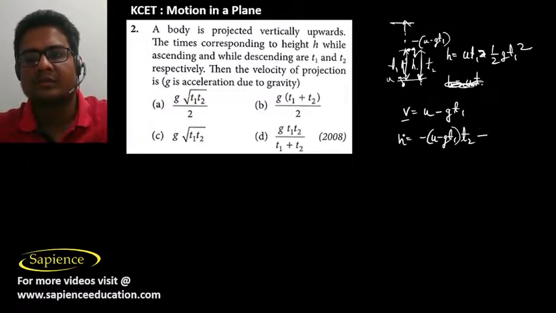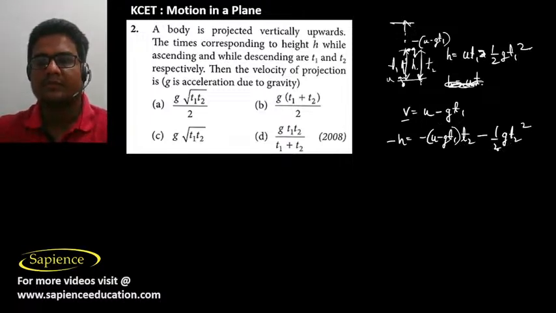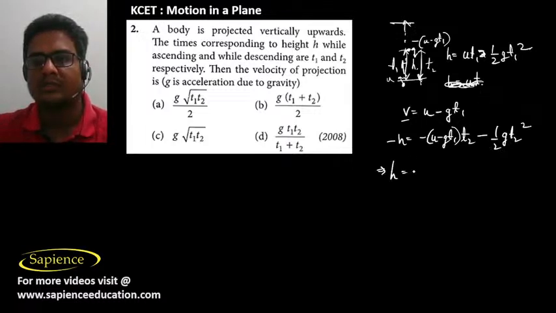This is minus h, displacement is downward, so minus h into ut minus half g t2 square. So here h is coming u minus gt1 into t2 plus half g t2 square.